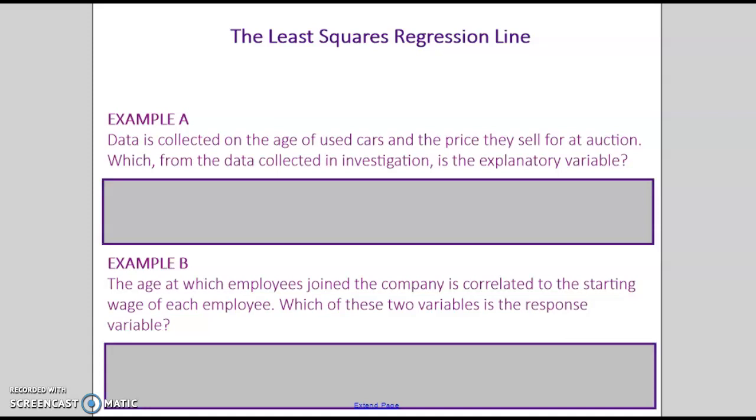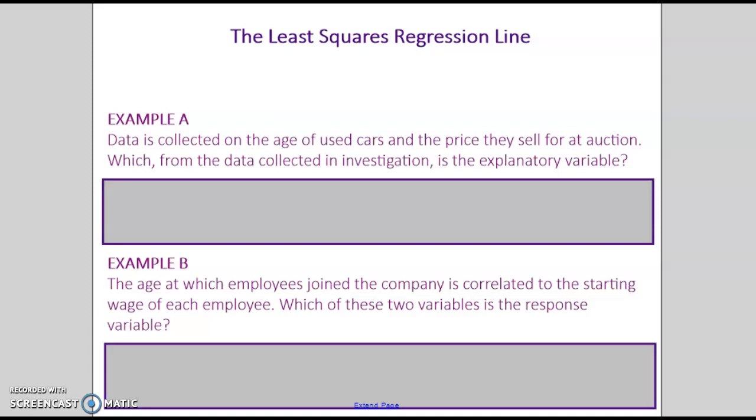So out of these two things, I think about the age of a car and how much it costs at auction. And I think the one that I have control over, the one that I can measure at certain points, is the age of a car. I can choose a car that is 10 years old. I can choose a car that is 9, 8, 7, 6, 5, 4, 3, 2, 1 years old. And then I can see what happens.